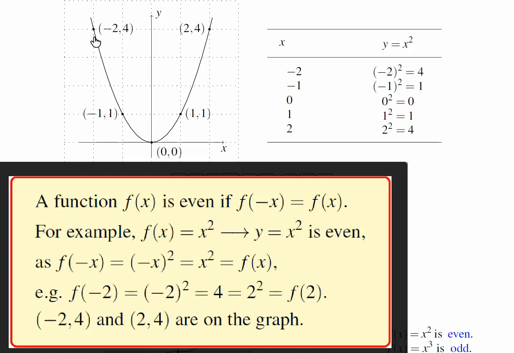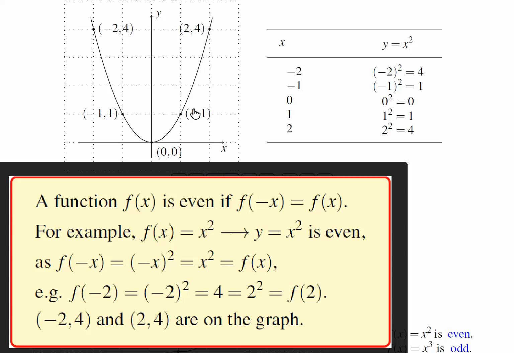So basically, this example tells us negative 2, 4, and the 2, 4 are on the graph. Those 2 points, one is the mirror image of the other based on the y-axis. You see the case right here as well. When x is negative 1, you get positive 1 for y value.